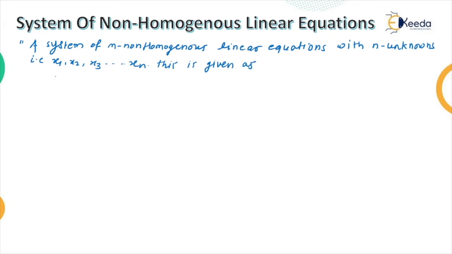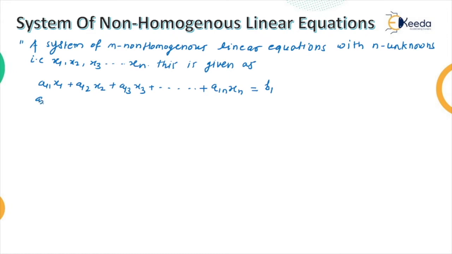It is a11 x1 plus a12 x2 plus a13 x3 and so on, plus a1n xn, equal to some constant b1.